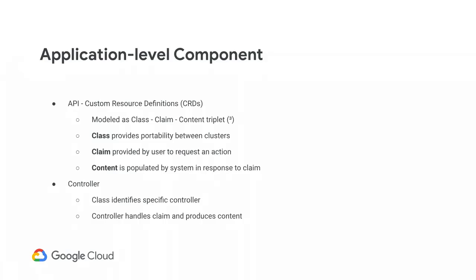Okay, at this point, I wanted to just step back and explain how we model our APIs, what the API structure is, and what the responsibility of each piece of the API is. So we model our API the same way as Kubernetes models persistent volumes and persistent volume snapshots, which means we use class, claim, and content triplets.